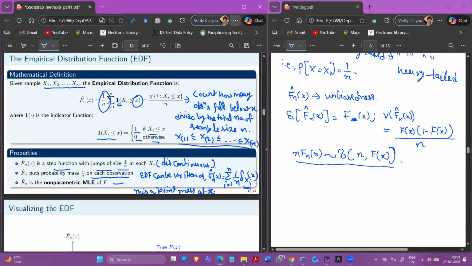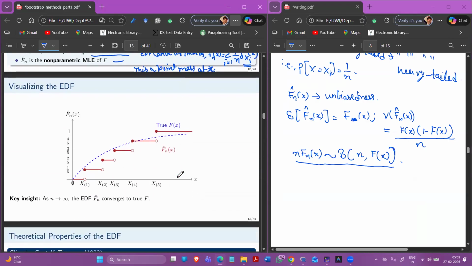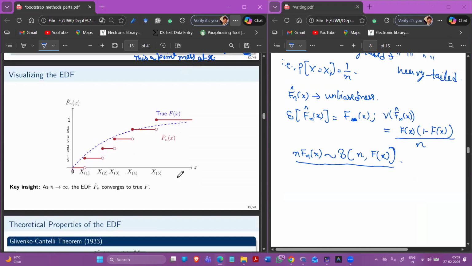So here you can see the empirical CDF that we are drawing. This is the visualization of your empirical CDF corresponding to the true CDF. Have you ever tried the KS plot for model fitting? Have you ever seen a KS plot?